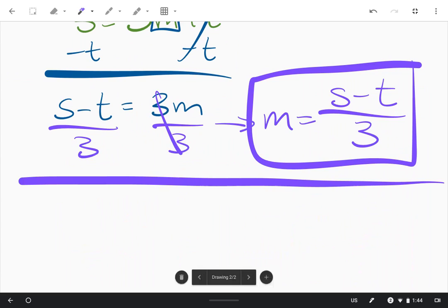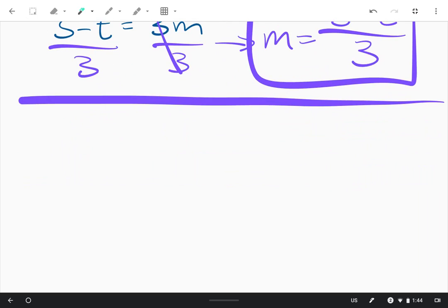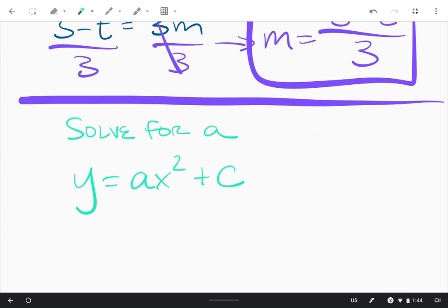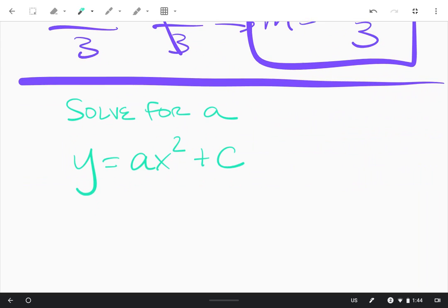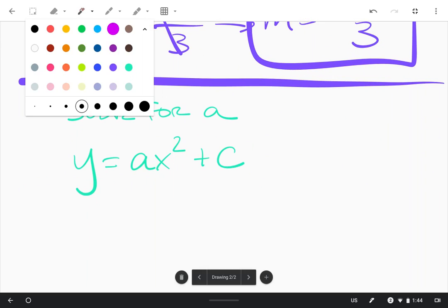All right. Let's do one more example. Let's say I have the following. Solve for a. And I have y equals ax squared plus c. Okay, solving for a. So again, I'm going to start with this c.